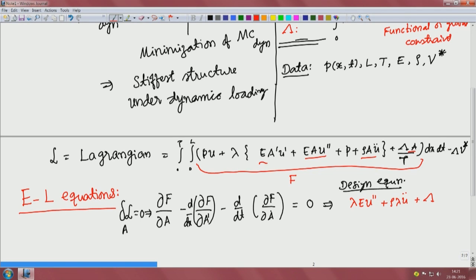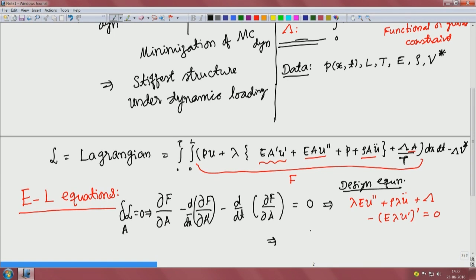So, that will become minus E, A will not be there because we are taking it with respect to A prime, E A lambda u prime prime, equal to 0, which we can simplify a little bit.